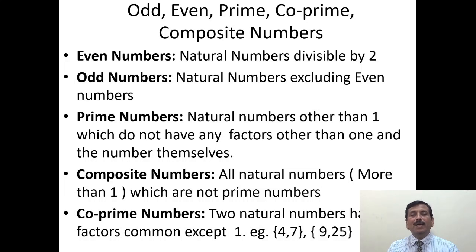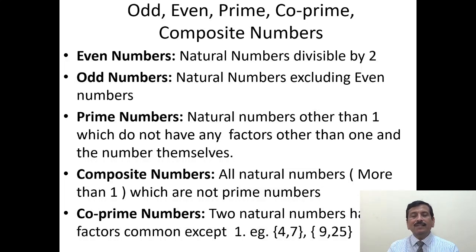Actually, when we see the application, perhaps the concept will get clearer. Next come composite numbers. All natural numbers bigger than 1 which are not prime numbers are composite numbers.